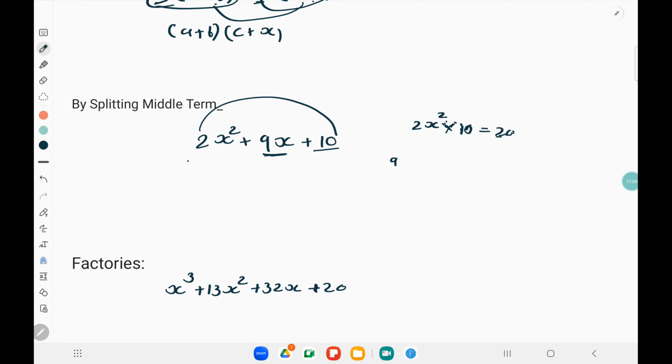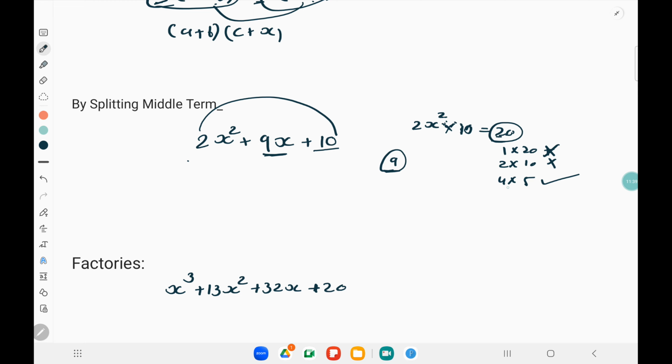If I ask you the factors of 20, you can easily tell me, right: 1 times 20, 2 times 10, 4 times 5, and that's it. These are all the factors of 20, right? So let's see which two factors multiply to give 20 and add to give plus 9. Okay, this is not possible, this is not possible.